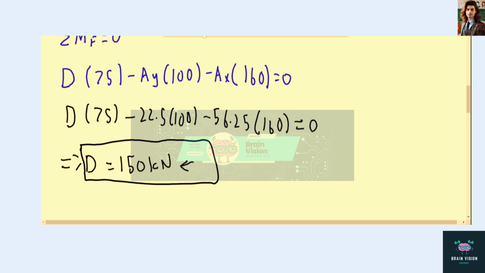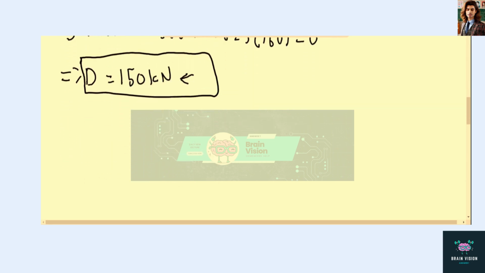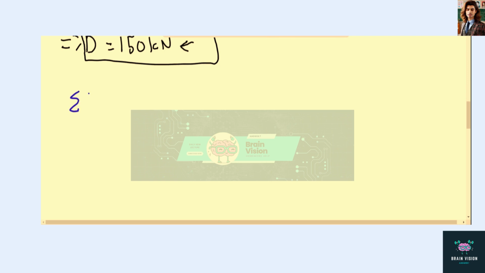So next we can solve for the x component of the force at point F. To do that, we can say that the sum of forces in the x direction is equal to 0. And this is going to look like A of x minus the force D plus F of x is equal to 0.